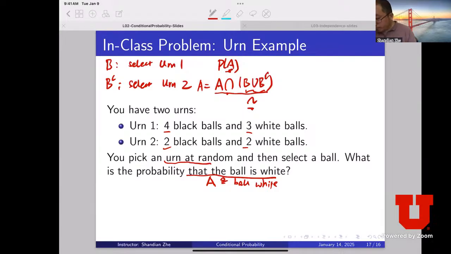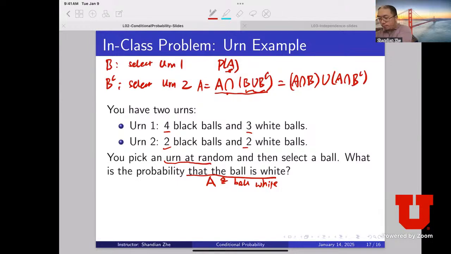Now we can leverage the distributive law for sets. This equals A intersection B union A intersection complement of B. Don't ask me why, it's just the rule. We introduced this in our previous lecture. If it feels strange, take a look at that lecture. It's just a straightforward application.